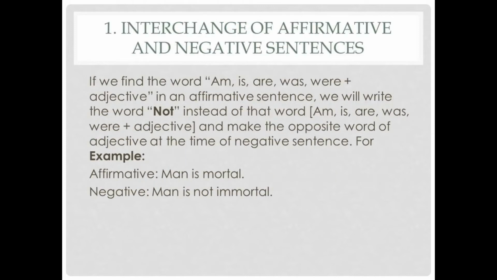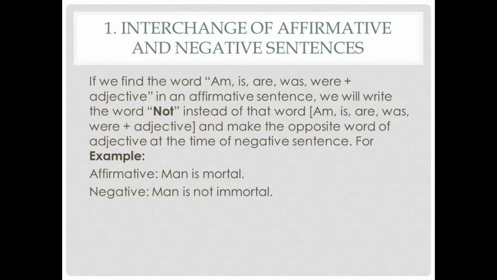So the first concept is the interchange of affirmative and negative sentences. If we find the word am, is, are, was, were plus adjective in any affirmative sentence, what do we have to do?